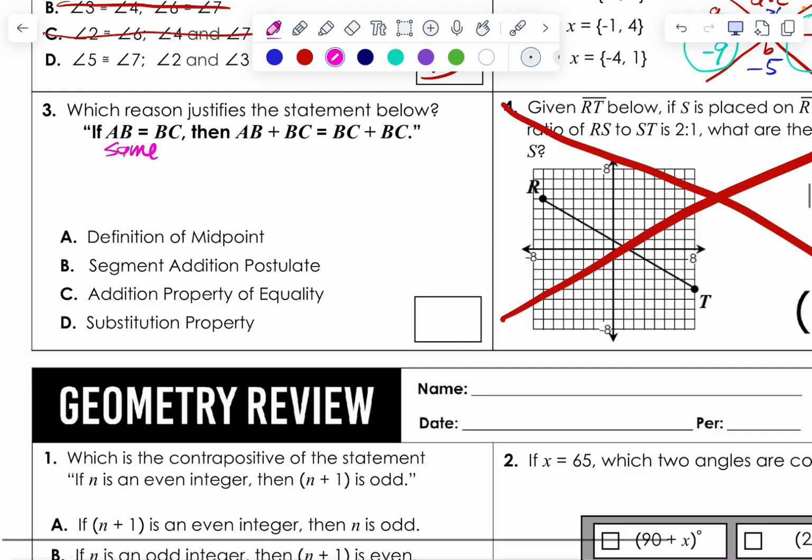So basically what we did was take this and stick it in there for AB. What's that called? That's just substitution, yeah. In our proofs, we've done that a whole bunch of times, right? If AB and BC are the same length, then if we add AB plus BC, we can substitute either one where we want to.